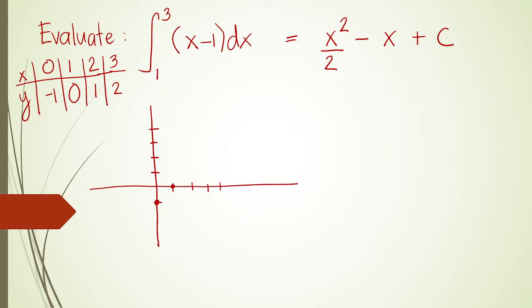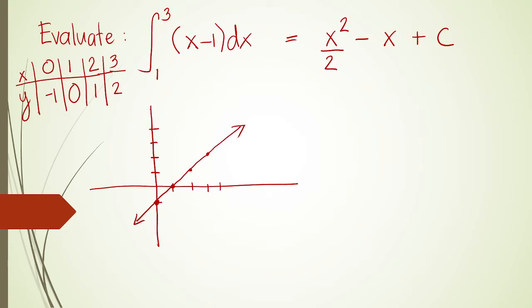Then 2, 1 is this point. 3, 2 is this point. Connecting all the points, we have the graph.